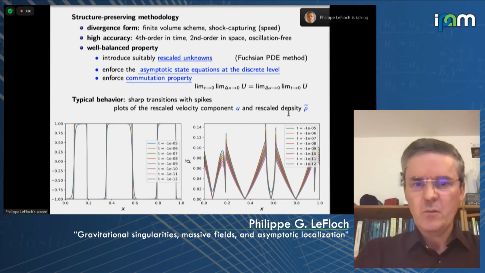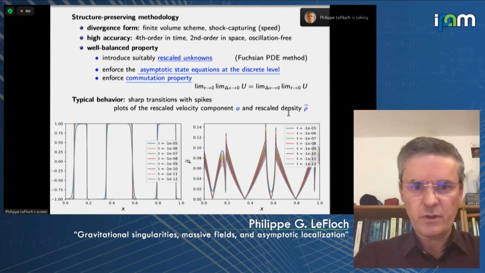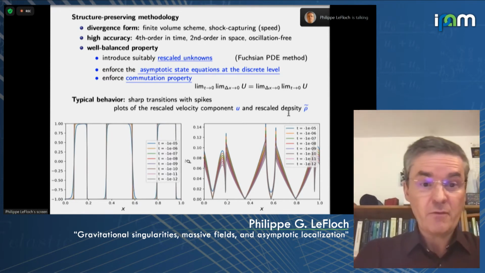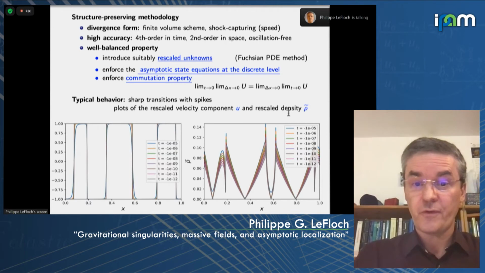But what is interesting is that even though we compute singular quantities, we have a very good convergence. You see various steps of convergence of t that goes from 10^-5 to 10^-12, and we check the convergence very carefully.